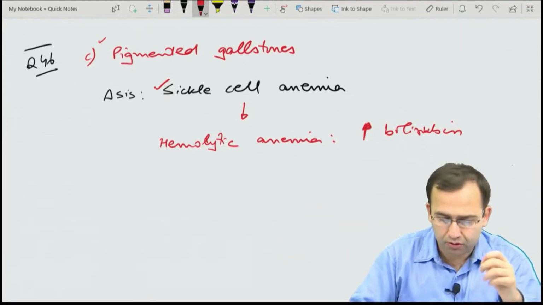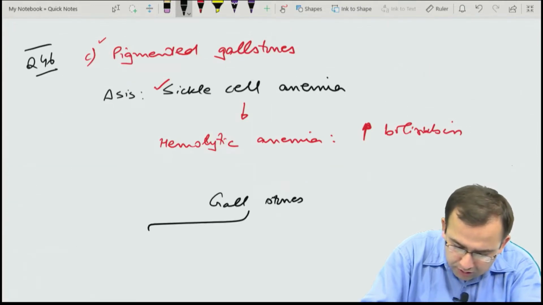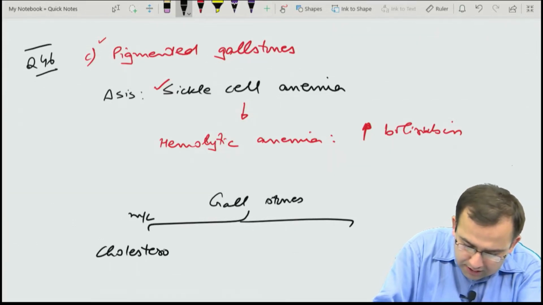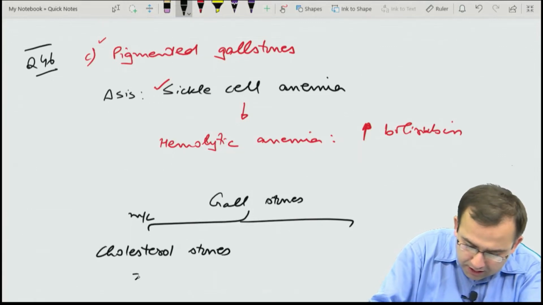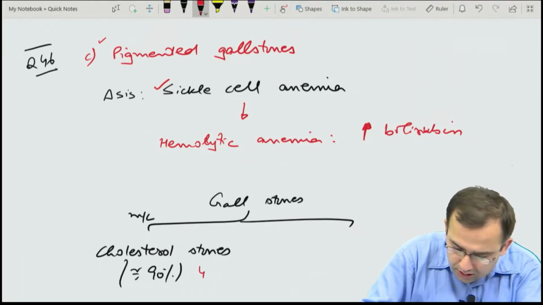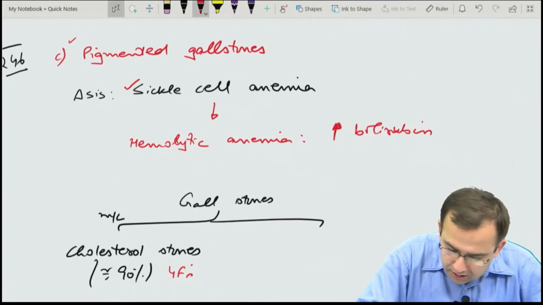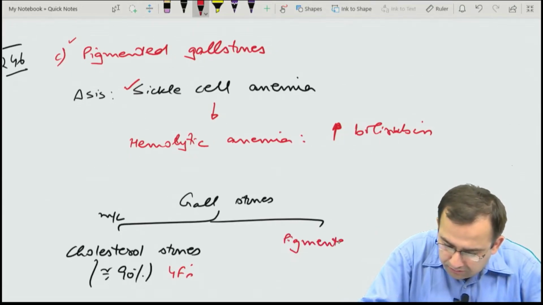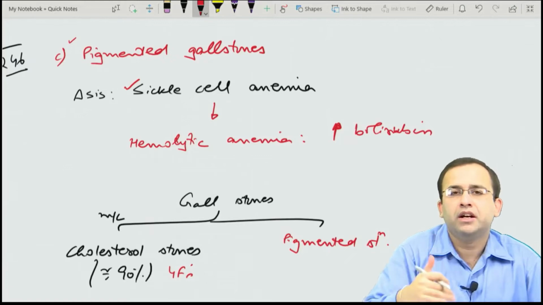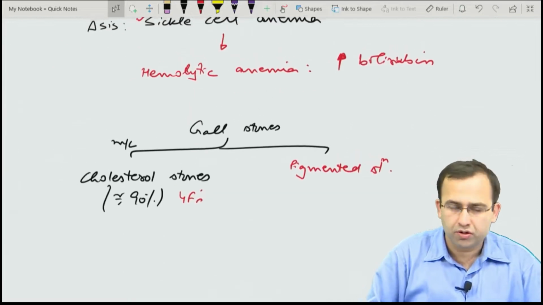The other type is pigmented stones, which are associated with hemolytic anemias and infections. So the answer to question 46 is pigmented stones.